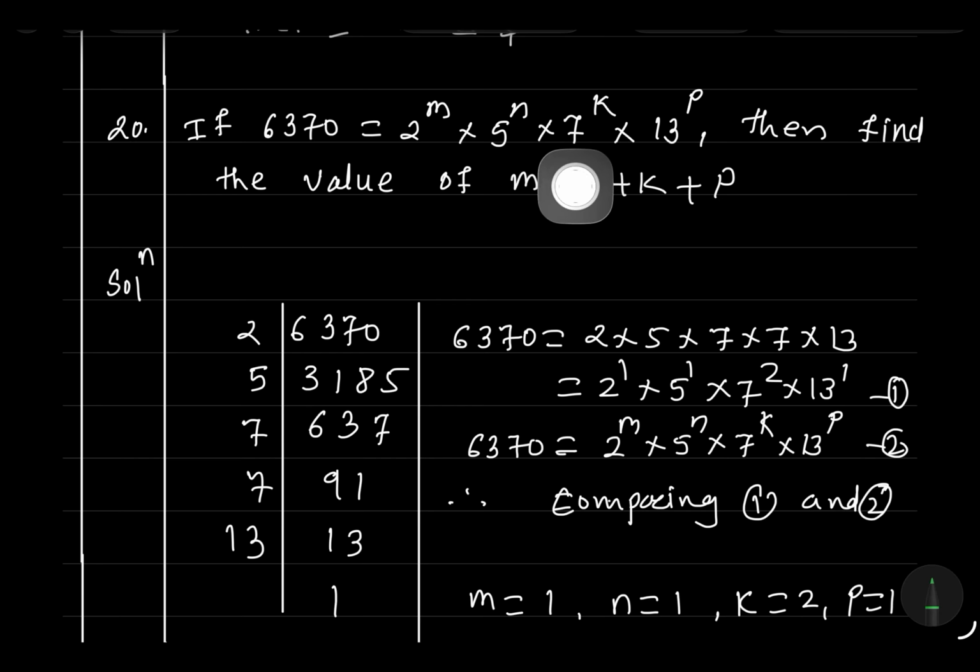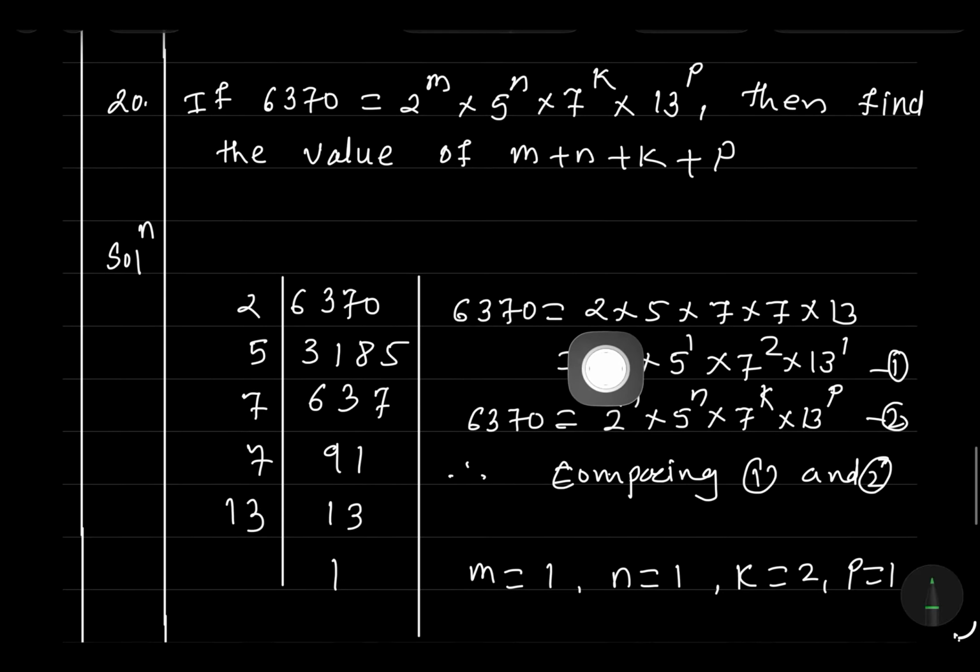This 7 is a prime factor of this number 6370, so it can be divisible by 7. See, 7 9s are 63, 7 1s are 7. So 91, again dividing by 7, you will get 13 and 13. So very simple.